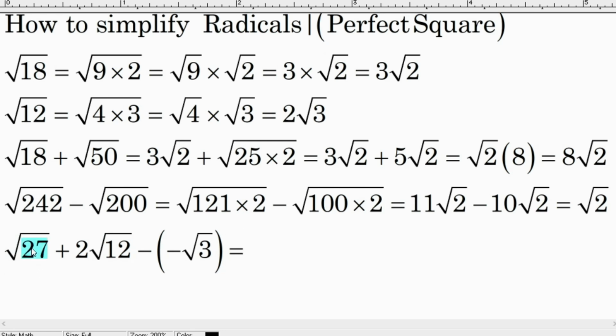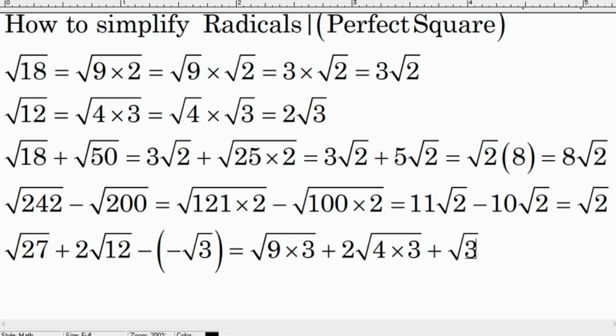So we have square root of 27, which could be written as square root of 9 times 3. Okay, and then plus 2 square root of 12, which could be written as 4 times 3. Okay, and then minus sign, with minus sign it gives us plus square root of 3.